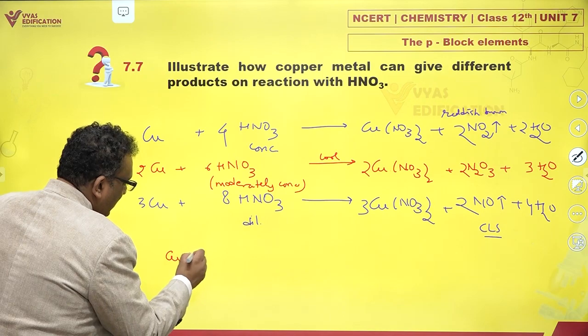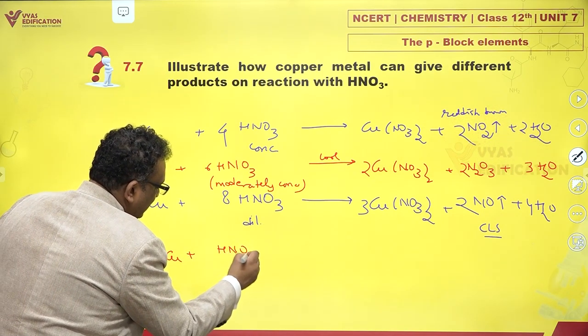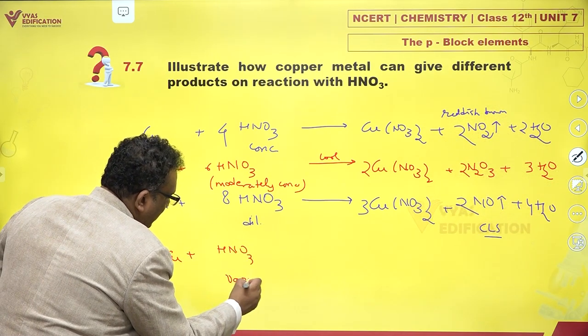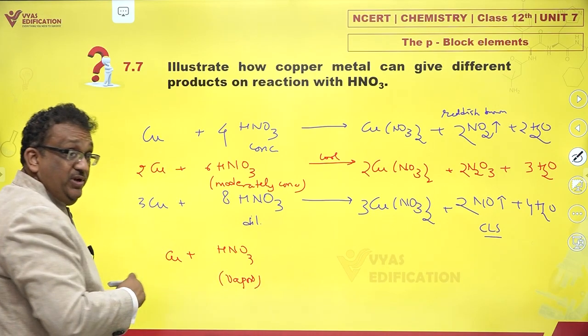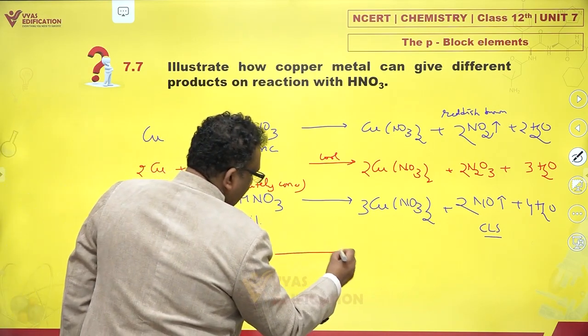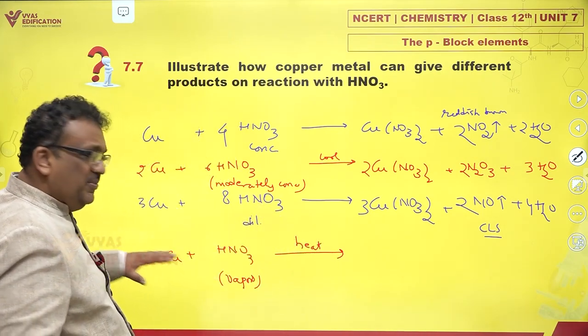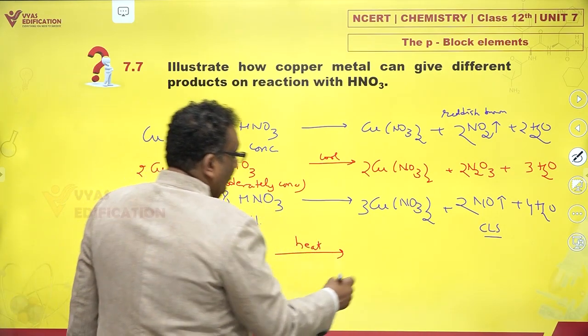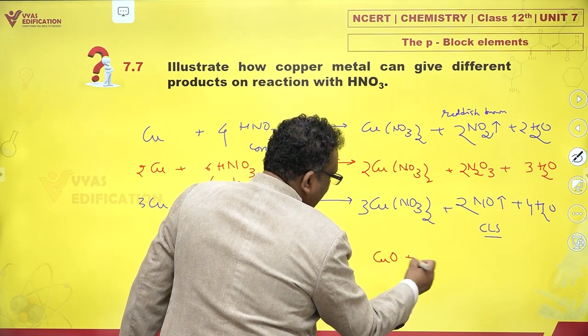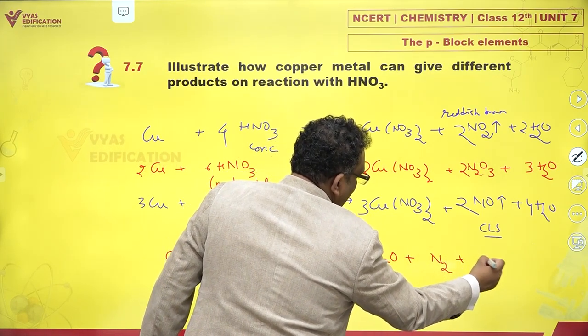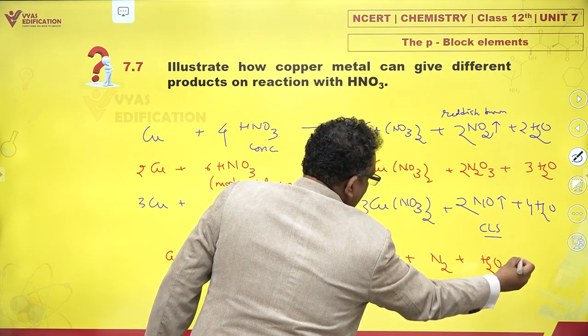Also, there is one more. If vapors of nitric acid are passed over heated solid copper, high temperature, red hot copper, you have vapors of nitric acid passing over it, well, you get copper oxide and you get nitrogen and you get water vapor.